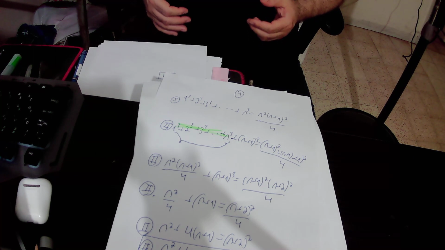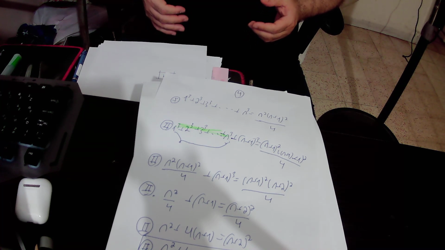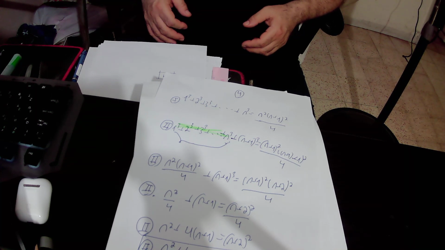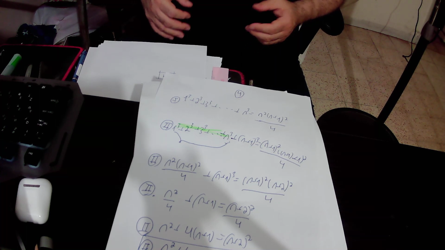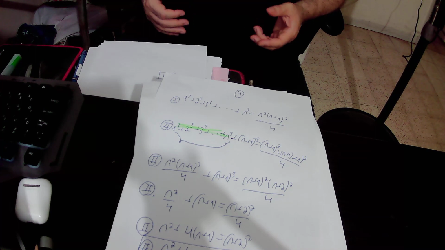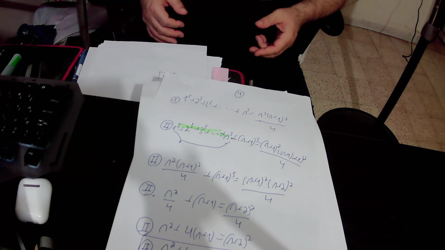And after we proved that if it is true for n, it must be true for n plus 1, we can say that we proved that the expression or the statement or the equation is true for all the natural numbers. Why?